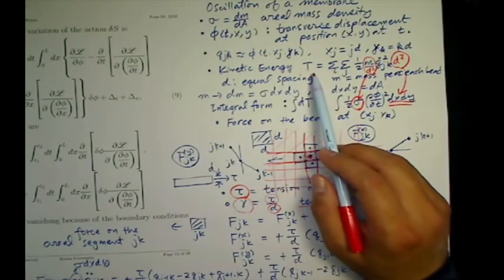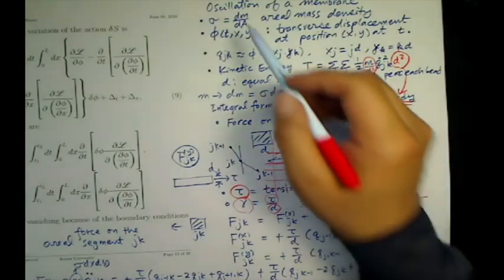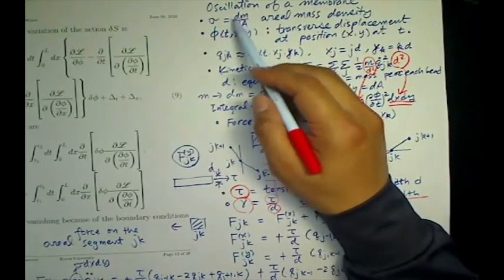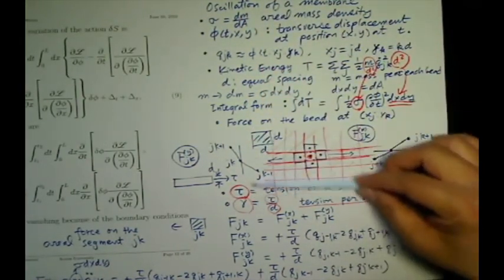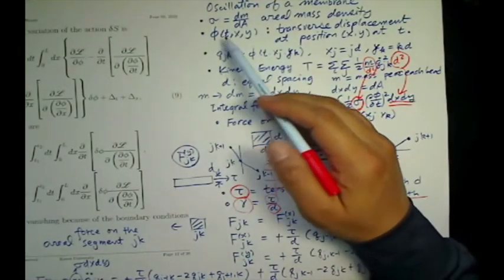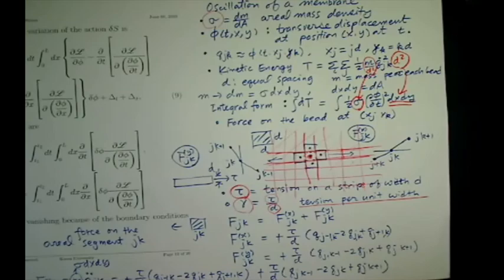First, let us consider kinetic energy. Before we consider that, the mass can be evaluated by integrating over the area. So it is good to define the area mass density per unit area.